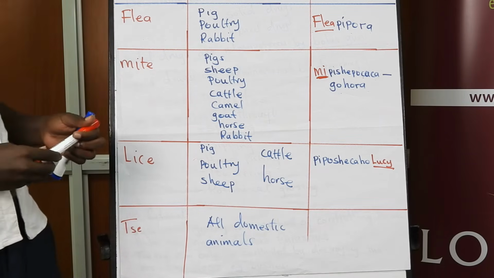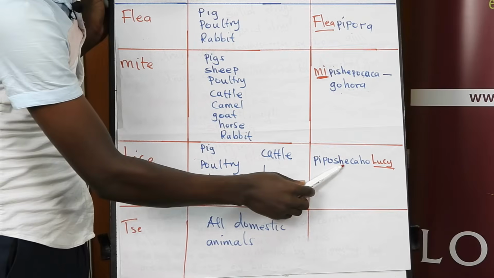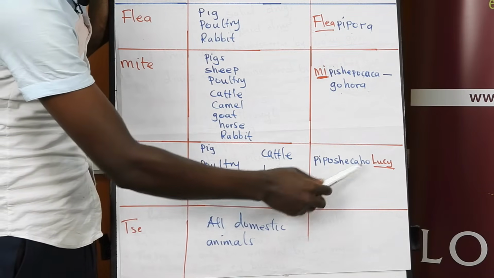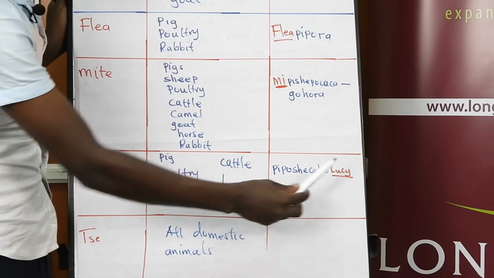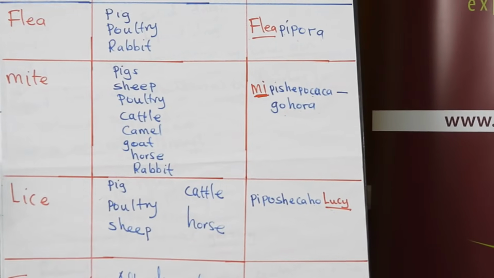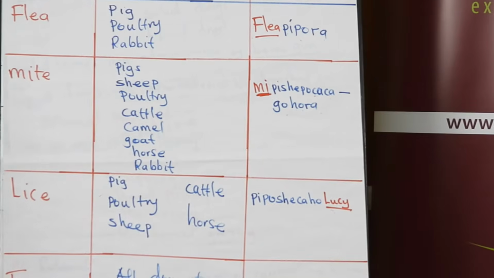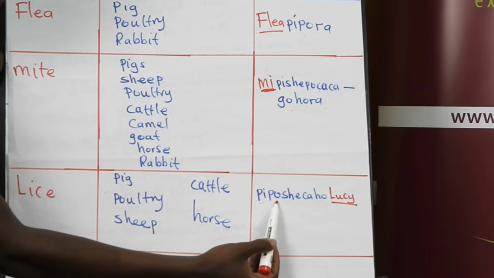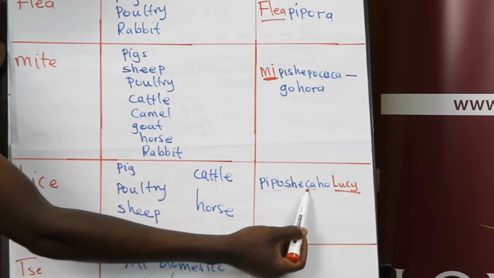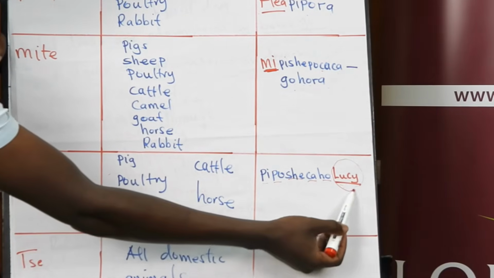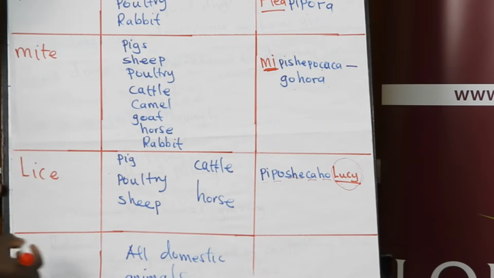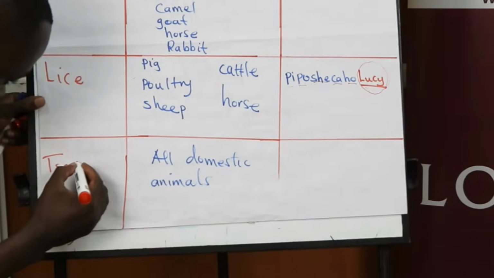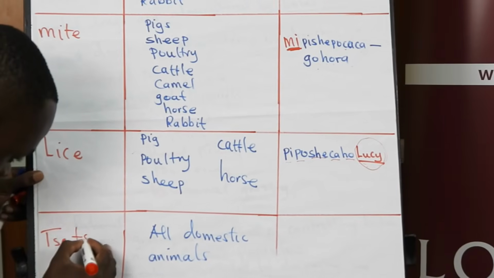And the formula as usual is Pi-Po-She-Ka-Ho-Lusi. P stands for pig, poultry, sheep, cattle, horse, and Lusi stands for the parasite itself, that is lice.